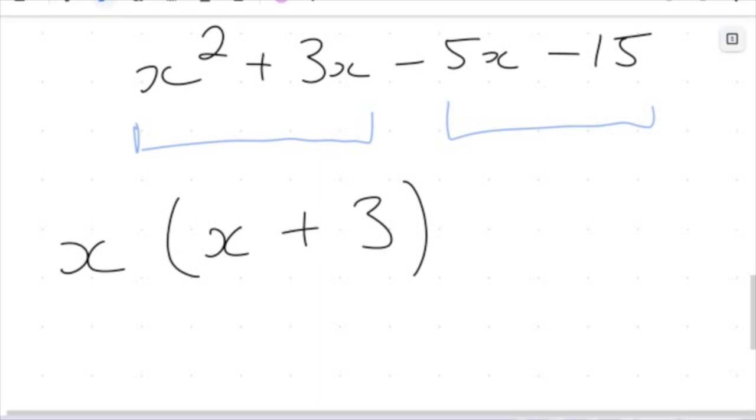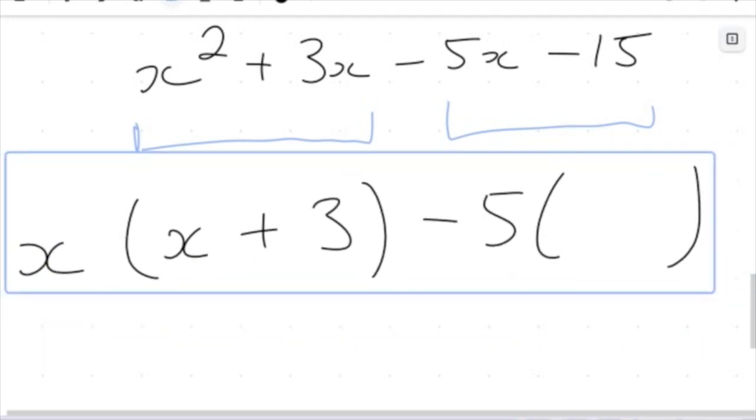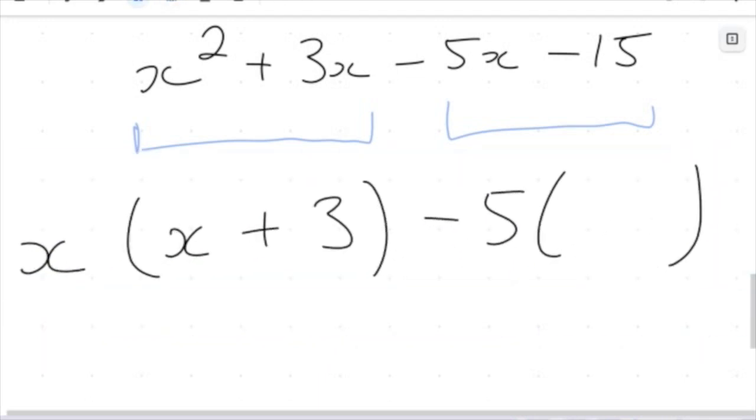And I'll show you in a second why the sign is going to matter. But I'm going to pull out negative 5 here. And I want to see what goes into both negative 5x and negative 15.